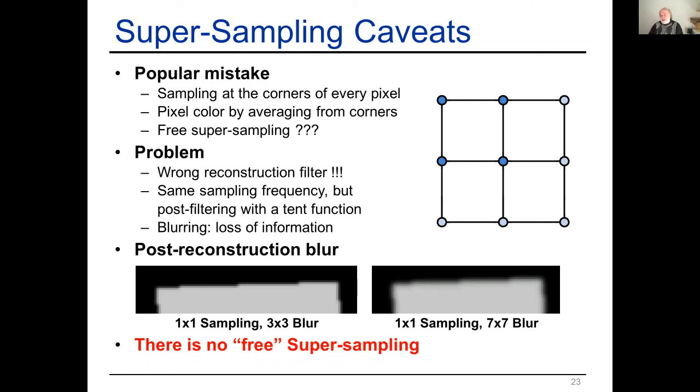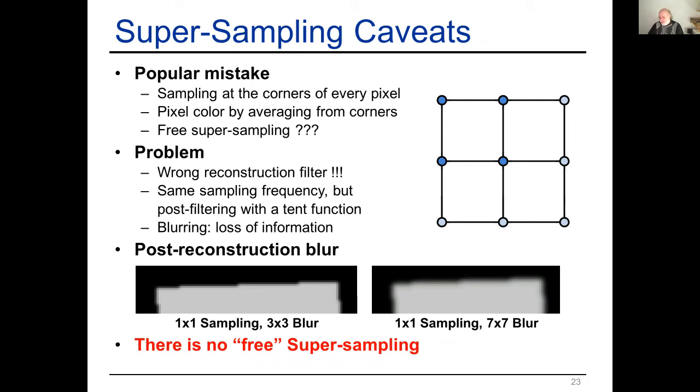So what are you actually doing here? Well, you're taking the samples at the original frequency, the same frequency as if you had sampled in the center, but after you've sampled, you are blurring because you're averaging between 4 neighboring samples. So this is post-sampling filtering, and I told you, this just makes things worse.